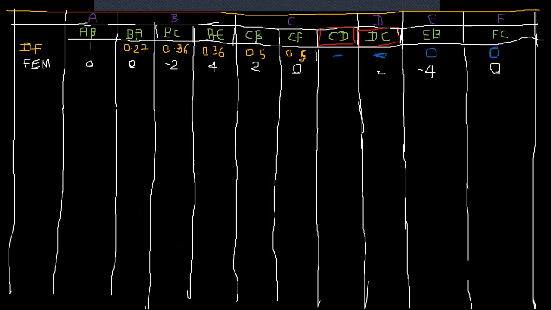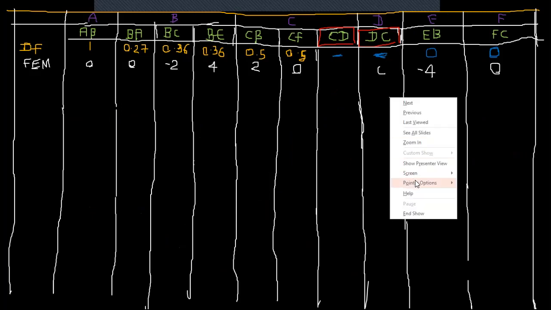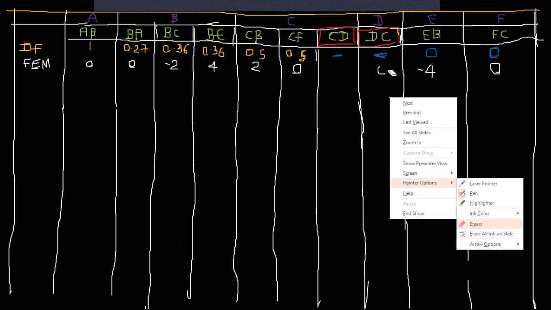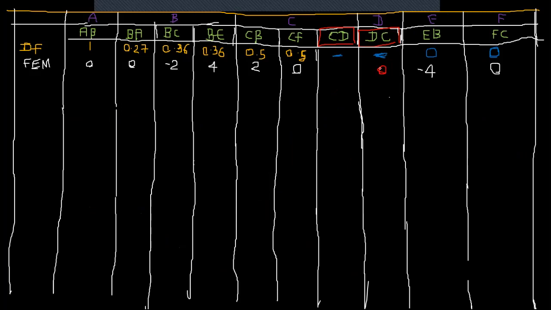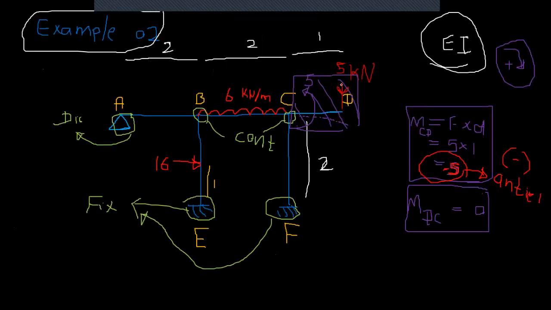DC is the free end of that cantilever. I will write this because these are final moments, so you don't need to do anything for these two columns. 0. And here there was -5. Why am I writing in red color? Red color was the final values, so that part is already solved.